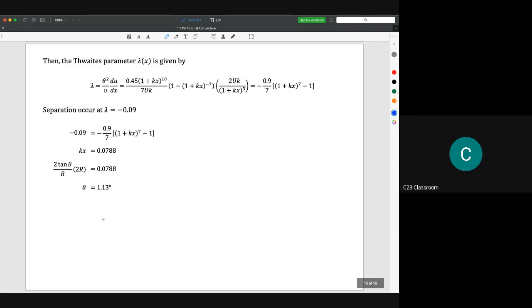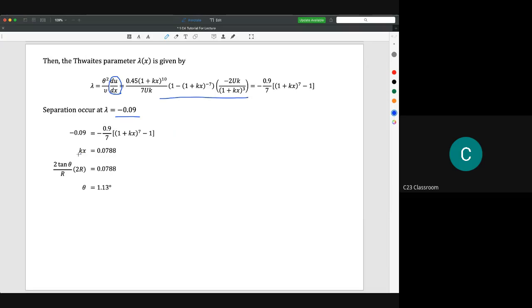Because we have the value of lambda here, which contains du/dx. So we substitute the terms that we have, and we know that lambda is equal to negative 0.09. Then we could have the value of kx equal to 0.0788.